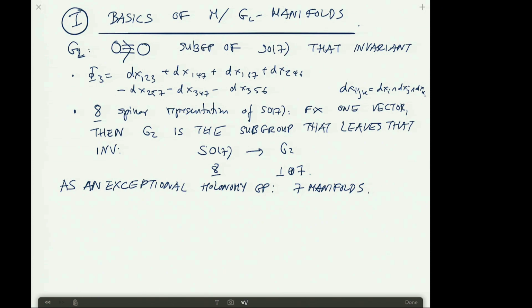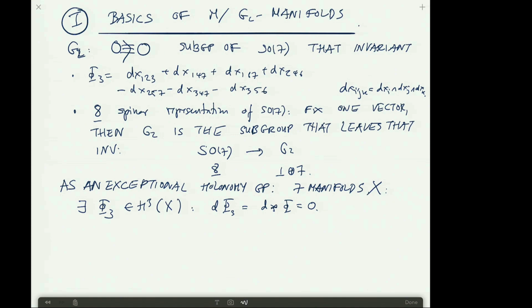And basically what it is characterized by is, again, a 3-form. So there exists phi_3 in the third cohomology of this manifold, called X, such that d phi and d star phi is 0.